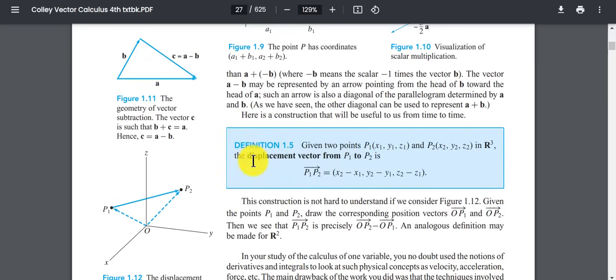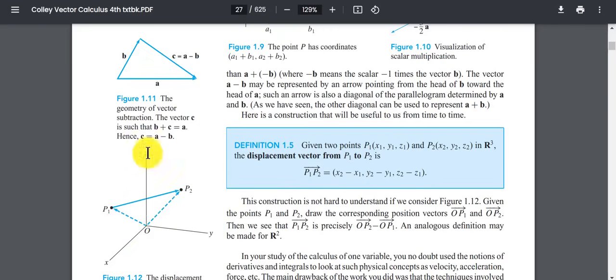But what does it say? It says if you have the point P1 and the point P2, the so-called displacement vector from P1 to P2. This is really what we just called this vector minus this vector, right?